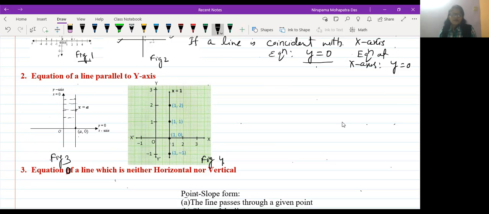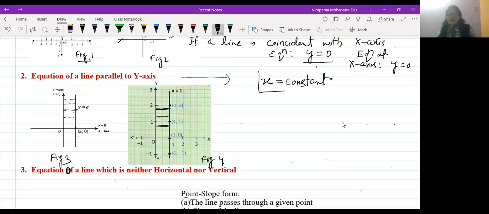So the horizontal distance is the same everywhere because the line is parallel to the y-axis. Here this is a, 0. Wherever you take a point on the line, for each and every point the x coordinate will be a. So the equation of a line parallel to the y-axis is x equal to constant.